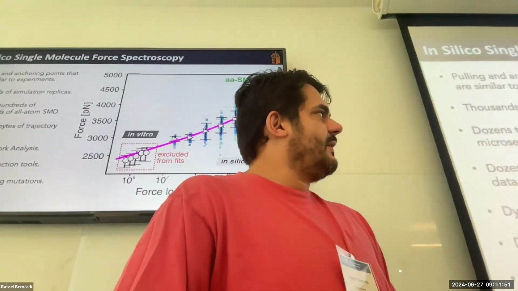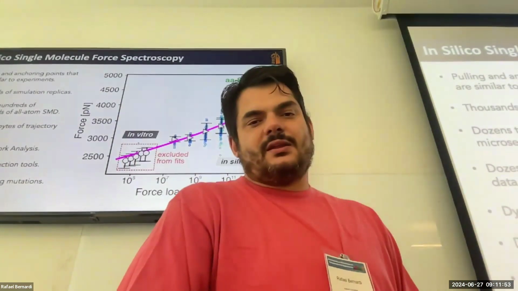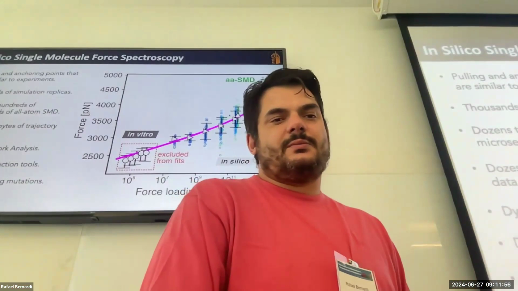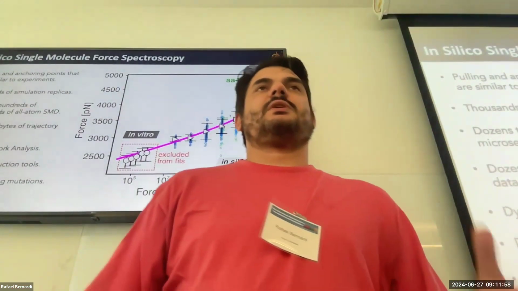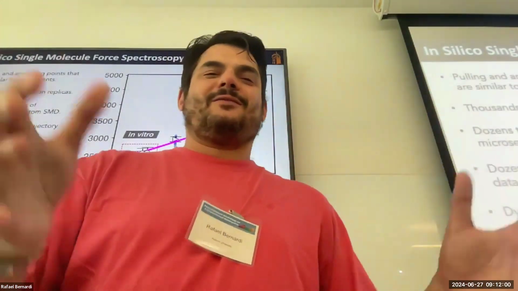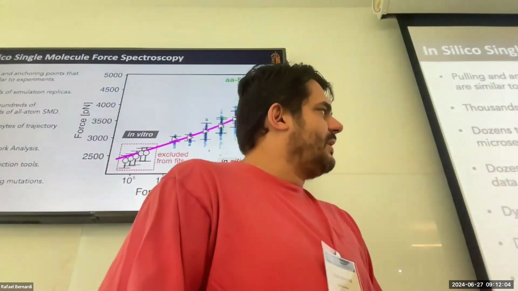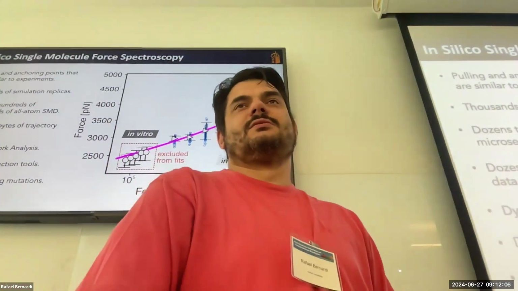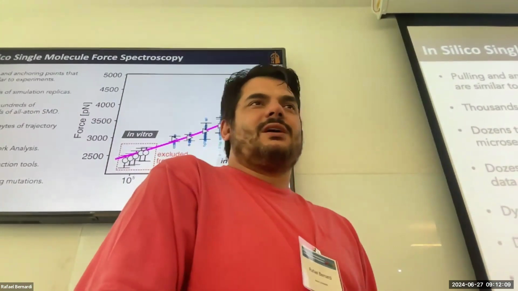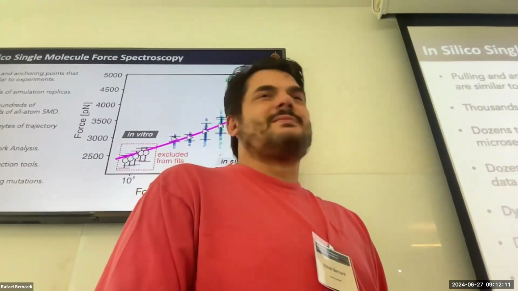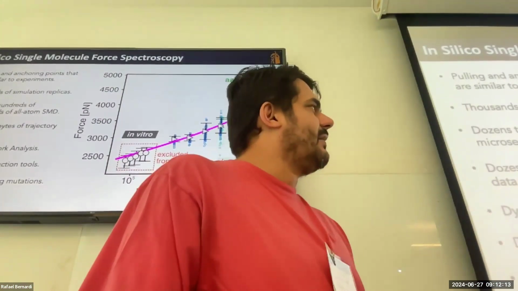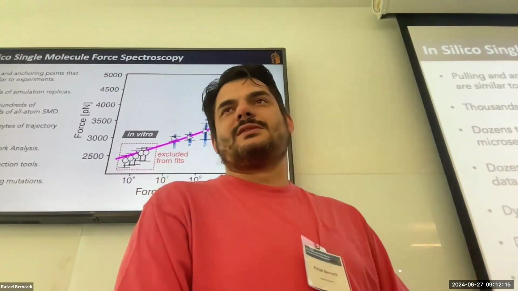You're going to get a curve where you can see your experimental data down here and our simulation data up here. The reason we call this in silico single molecule force spectroscopy, we call it spectroscopy, is because each point that you're seeing here is a simulation. It's like a hundreds of nanosecond long simulation, sometimes microsecond long simulation, even more than that. And some of them here are faster, like nanosecond simulations.